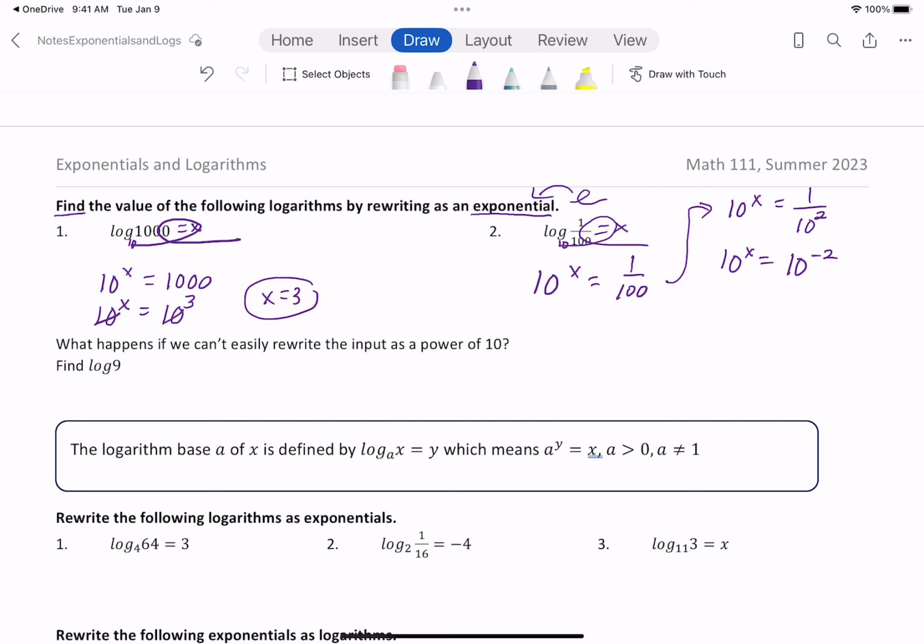Remember, with exponents, if we want to change where the expression is in the numerator or the denominator, we have to change the sign of the exponent. So then my bases are now the same, so I can set the exponents equal to each other, and I get x equals negative 2.